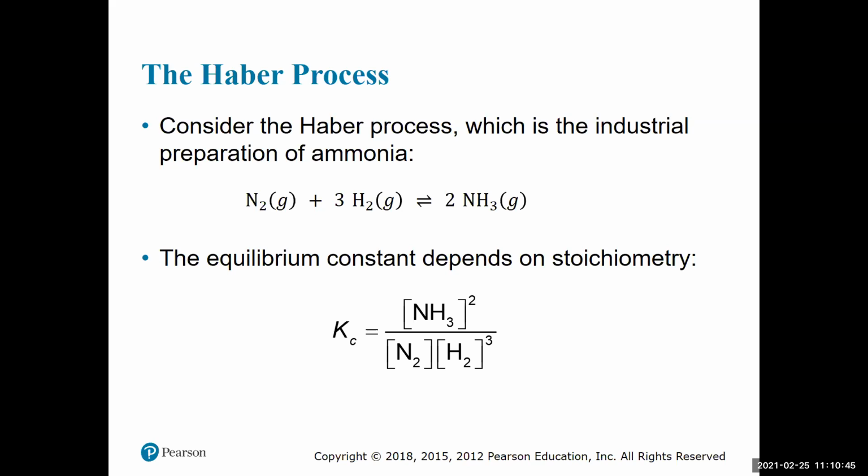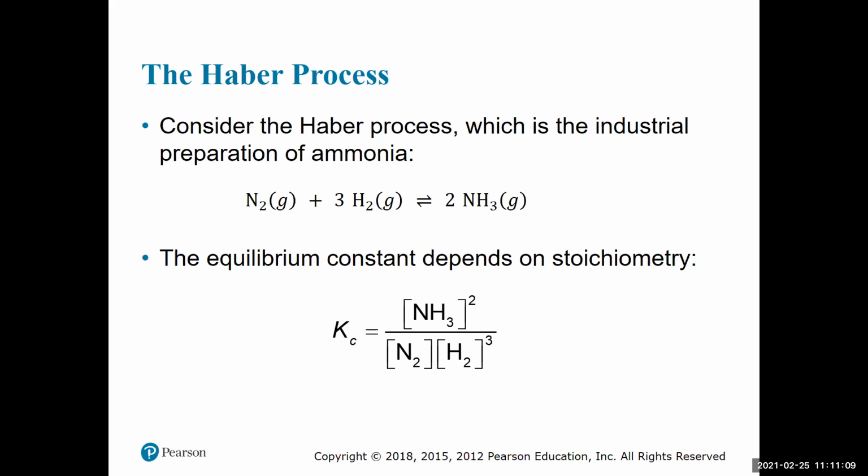When you want to express the equilibrium constant, you simply take the concentration of the products, in this case NH3, and divide it by the concentration of the reactants. So product, NH3, divided by reactants, N2 times H2.